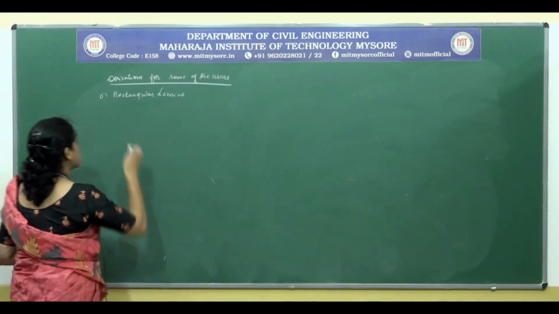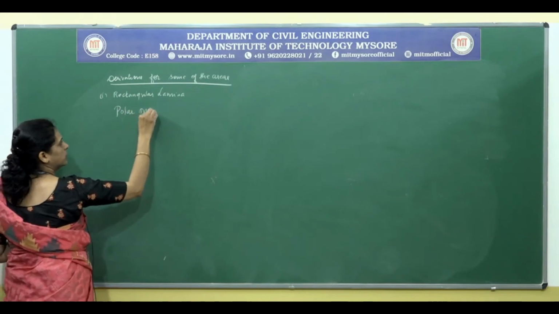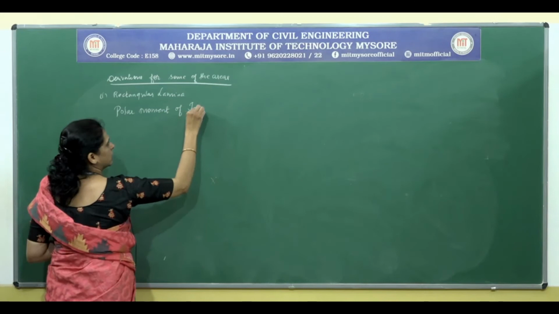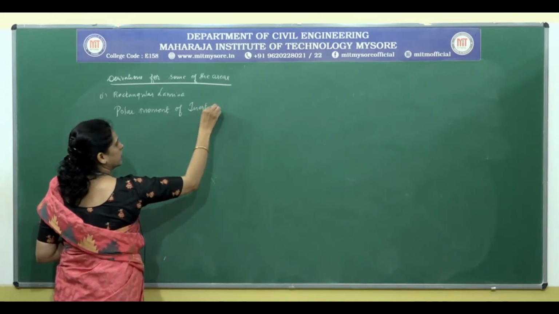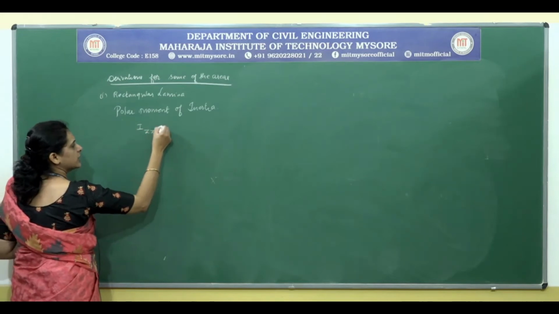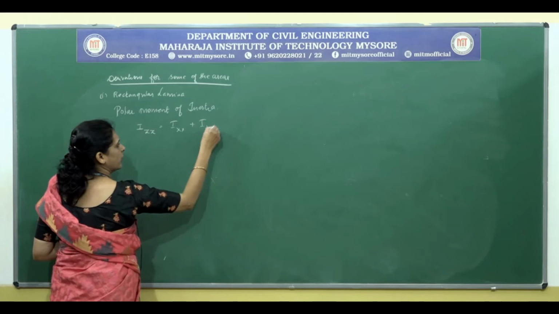The next expression is for polar moment of inertia. As per the definition, Izz is equal to Ixx plus Iyy.